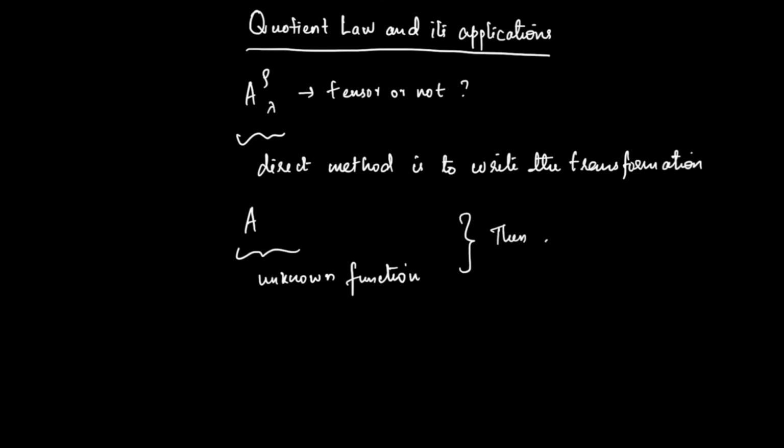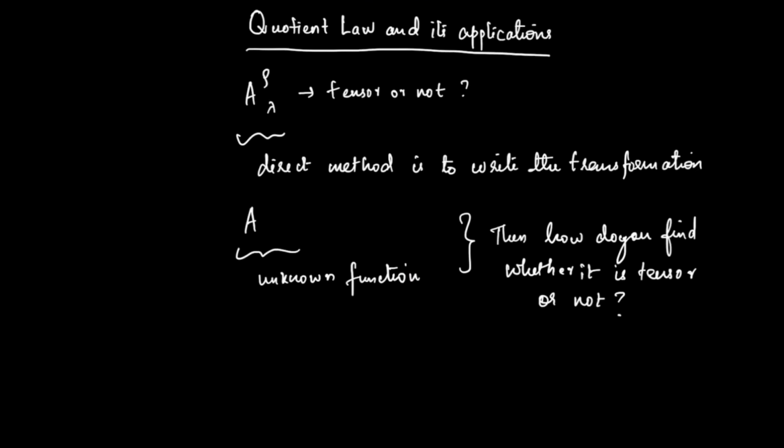Then how do you find out? I only know A is a function of, for example, alpha or beta or gamma, something. That's it.